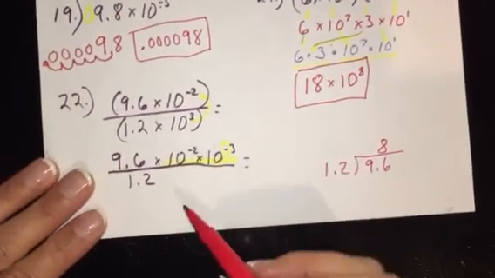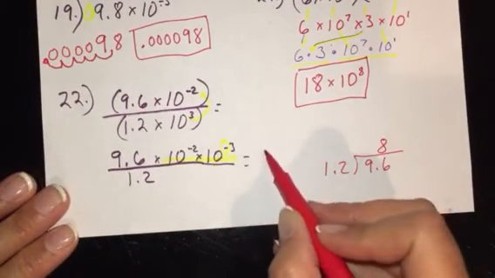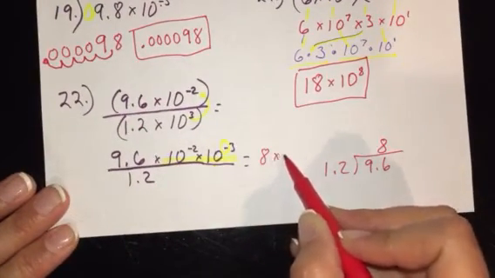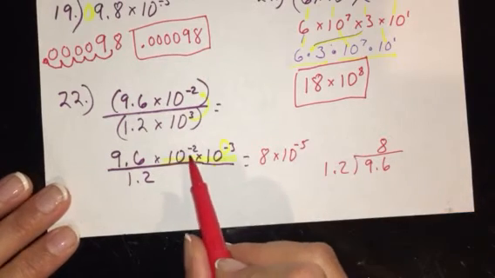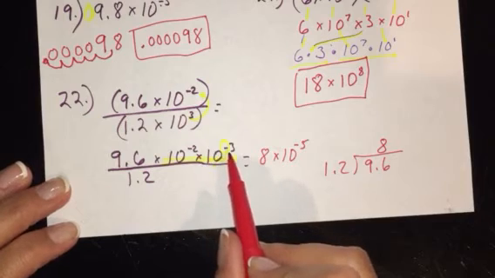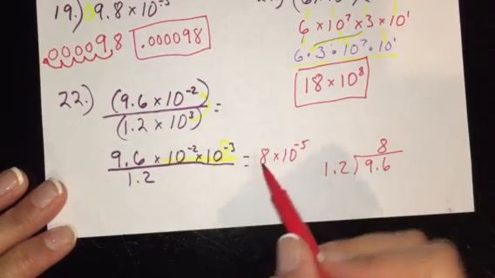Okay, so this is going to equal 8 times 10 to the -5, because I have a -2 here, and then I'm adding another -3 here, so that gives me a -5.